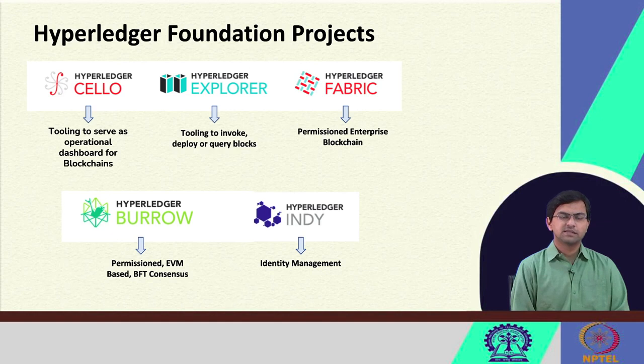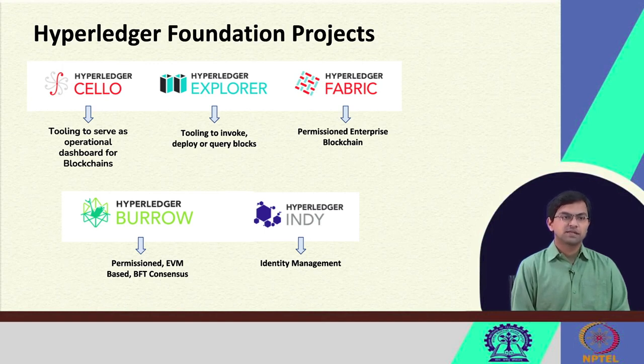So these are kind of side toolings which work on top of existing blockchain platforms. Suppose you have a Hyperledger Fabric network or a Hyperledger Burrow network or some other permissioned blockchain network, then if you want to monitor or if you want to invoke and query these blockchains, then you can use these tools to do so, and these tools are compatible with not one but more than one blockchain platforms.